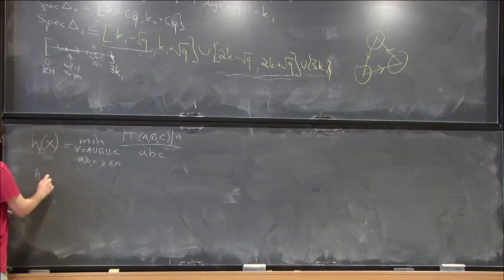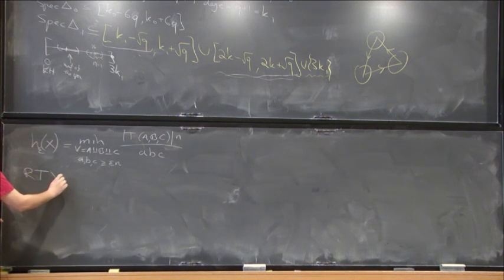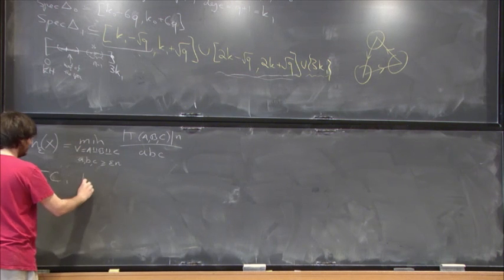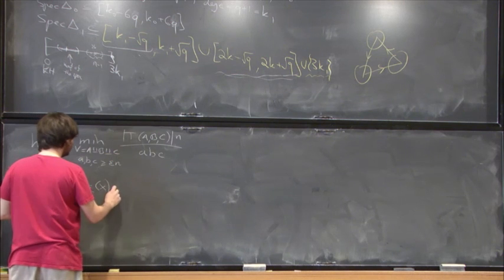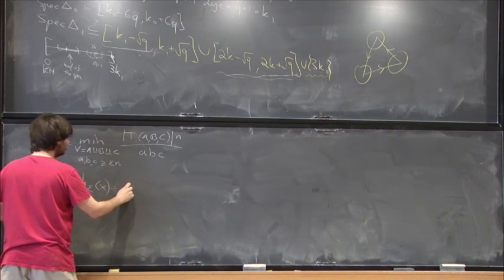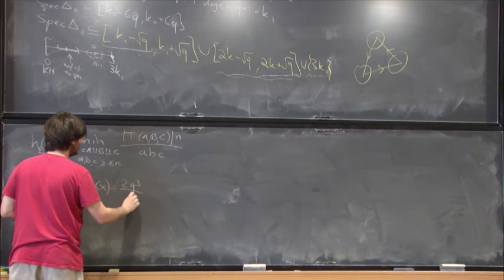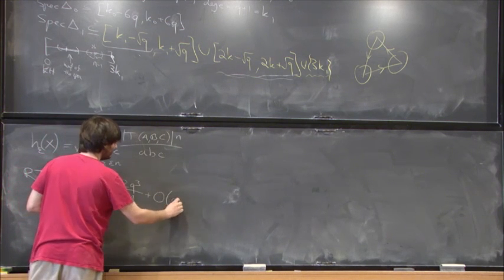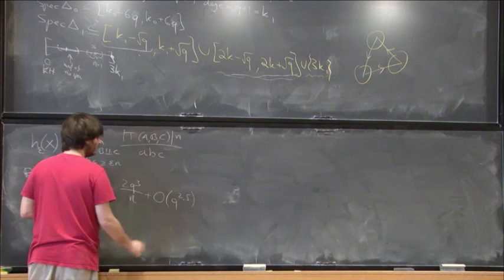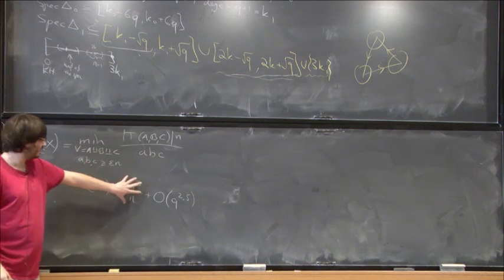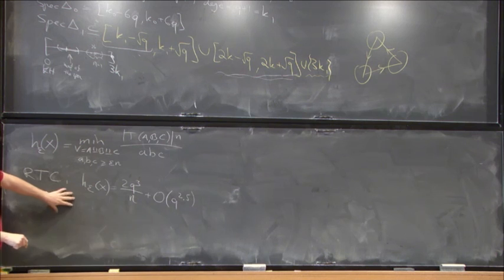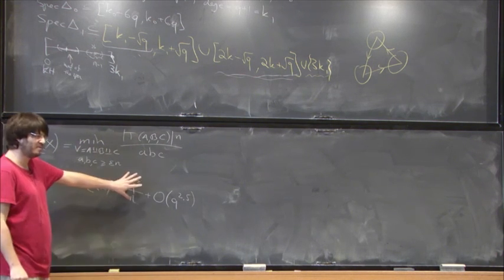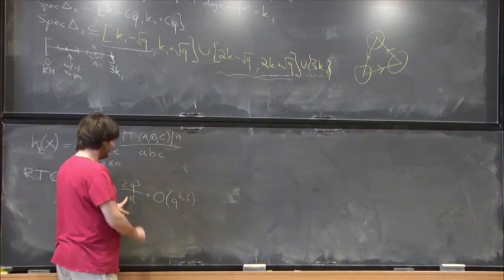So what we know is that for the Ramanujan triangle complexes, they have h epsilon of X. So this would be q to the third n plus something which is q to the 2/2. And this is really the density you would expect in random. If you do the computation, what would you expect if everything would be pseudo-random? You take the number of triangles and say, okay, A times B times C times the probability to see every triangle. This is the probability. If not, it means that I've written this wrong, but it should be.